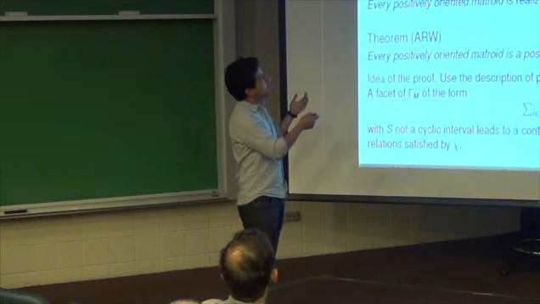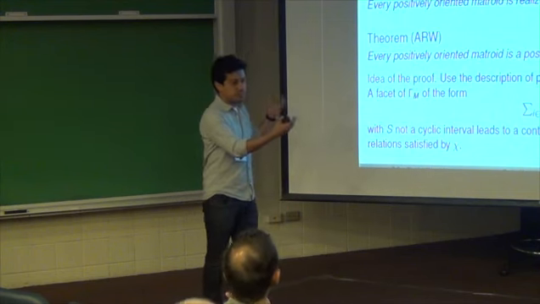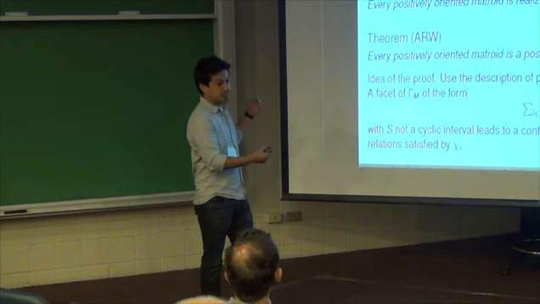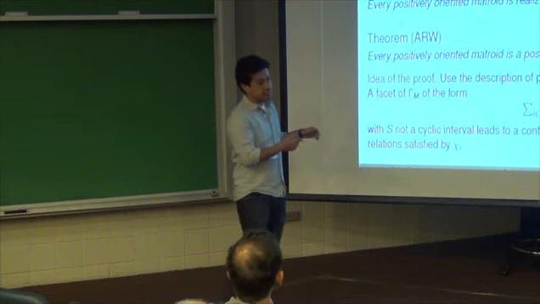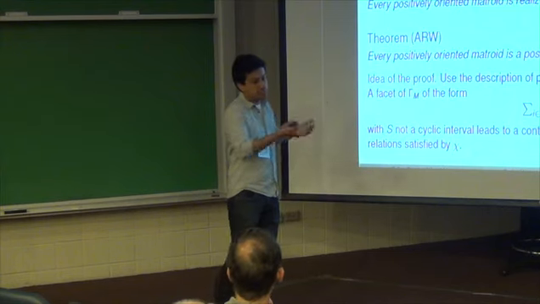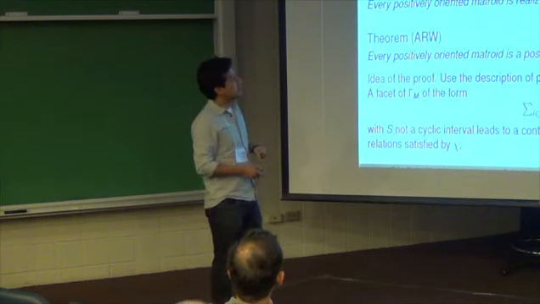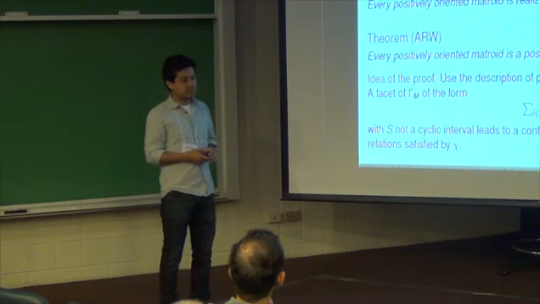So the difference between positively oriented matroids and positroids a priori is just the realizability condition. Positroids are the ones that are realizable, and these more general things a priori include non-realizable ones, but what we show is that they are in fact just the same. But this condition is basically saying that all minors are non-negative.